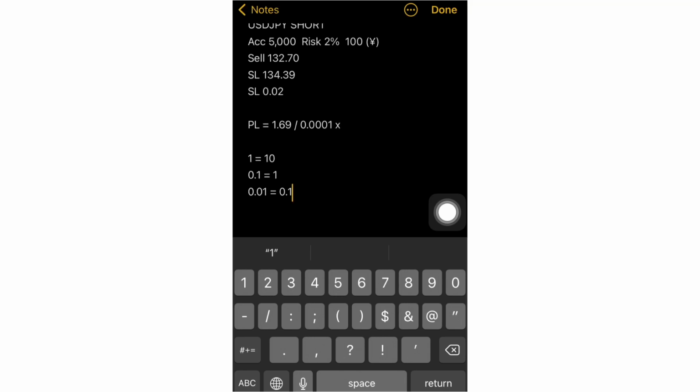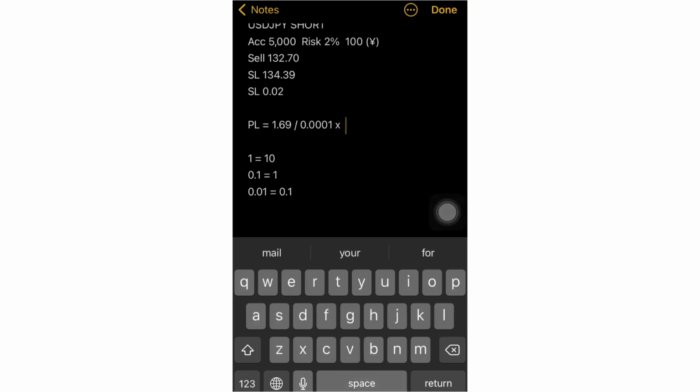So now that we have this times what? The pip value. Sorry, not stop loss, lot size.